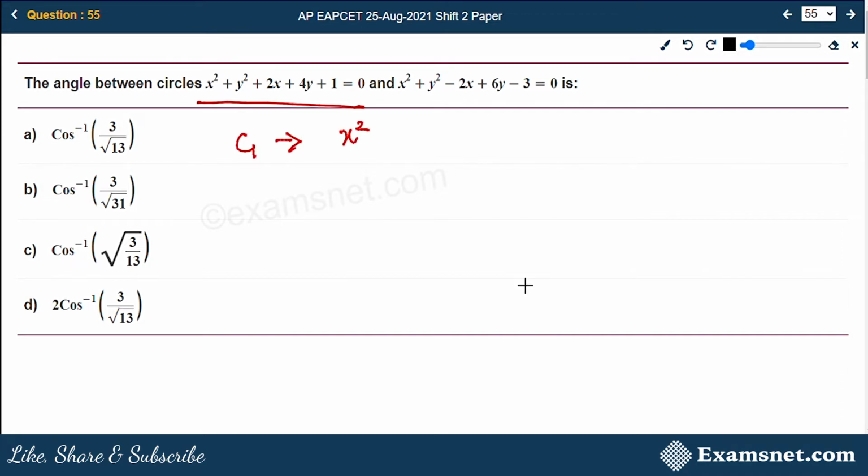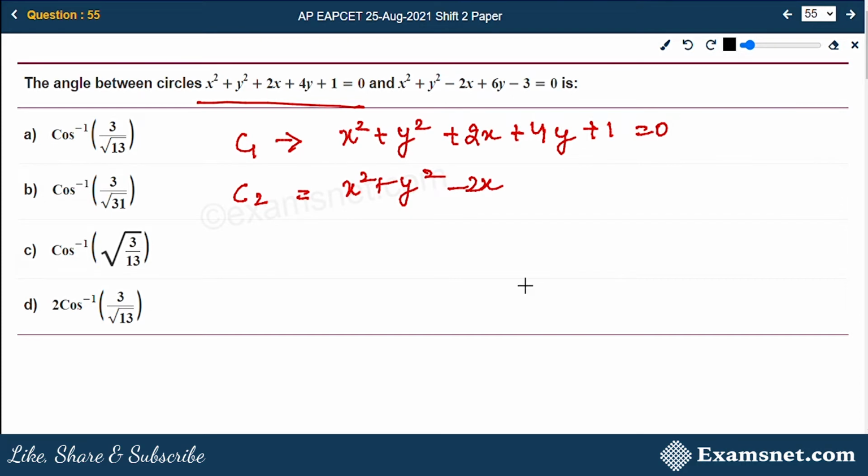C1 is x square plus y square plus 2x plus 4y plus 1 is equal to 0. And C2 is x square plus y square minus 2x plus 6y minus 3 is equal to 0.